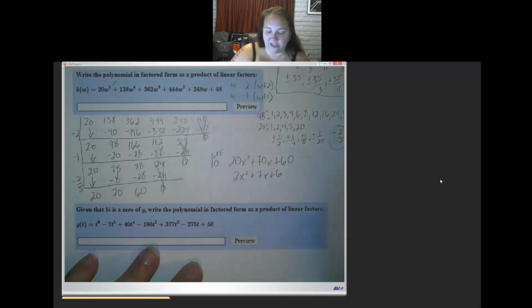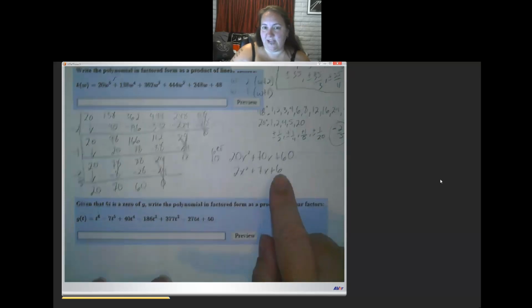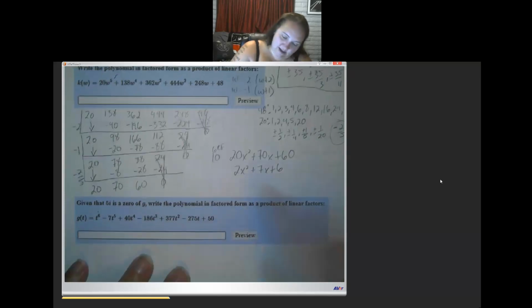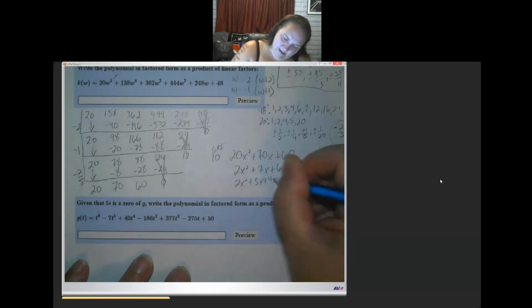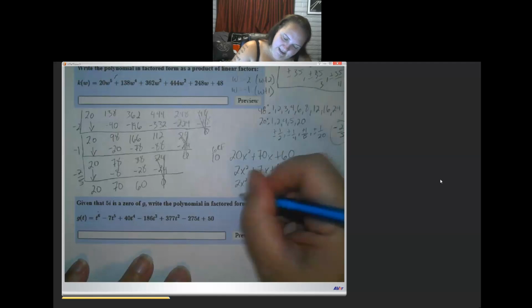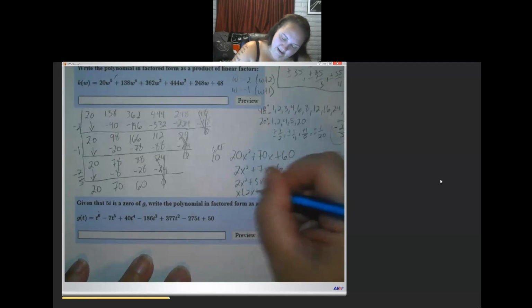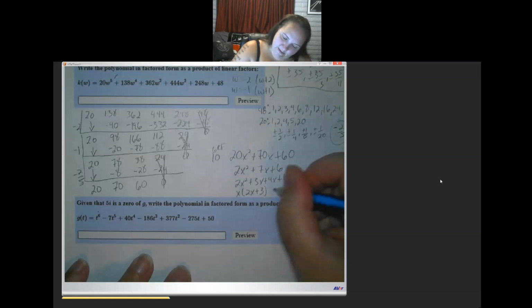Now, does this factor? 2 times 6 is 12. Are there two numbers that multiply to 12 and add to 7? So then that's an x, 2x plus 3. That's a 2, 2x plus 3.